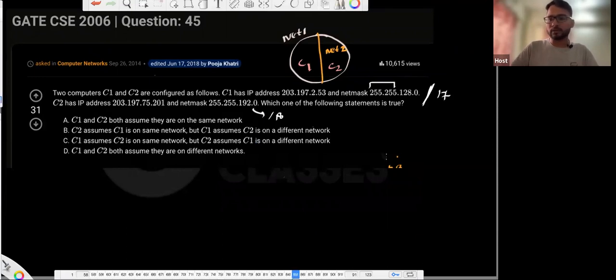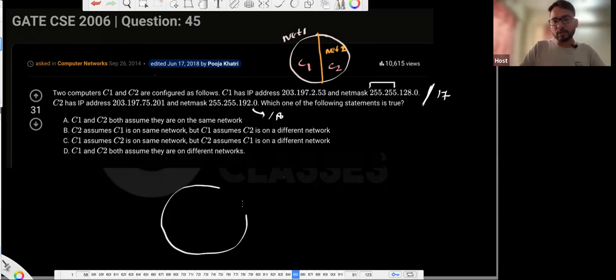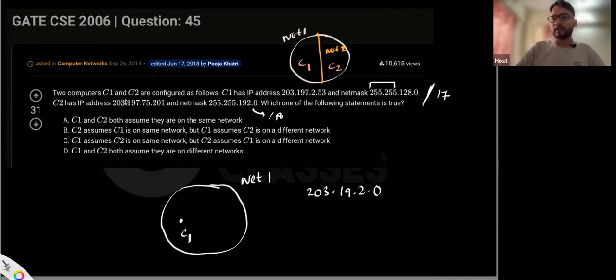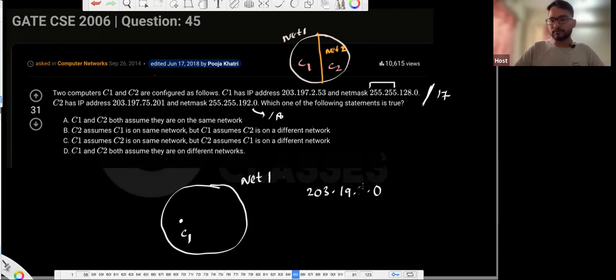Okay, let me go through this question again. There are two computers, C1 and C2, and these are the IP addresses with the subnet mask, which means C1 thinks that this is the network that C1 is in. This whole network is, let's suppose, network 1, which has some range of IP addresses, and C1 is just one of the computers here. It has some range like .0.0 /17.